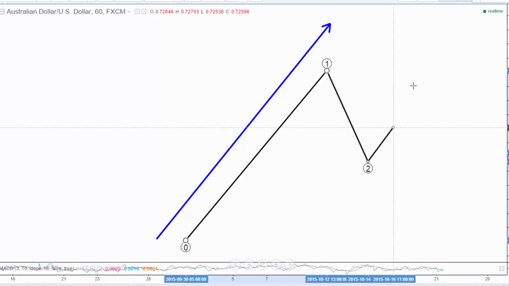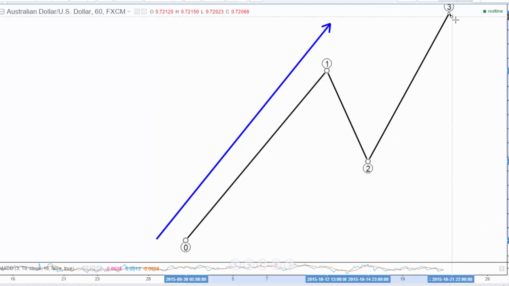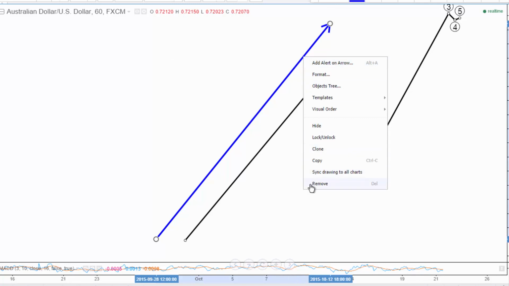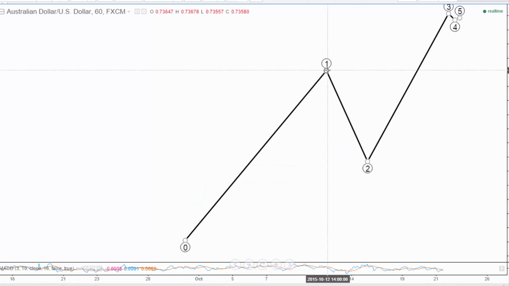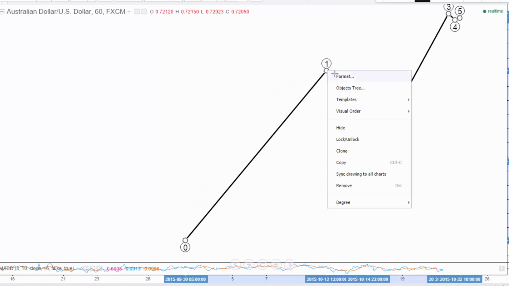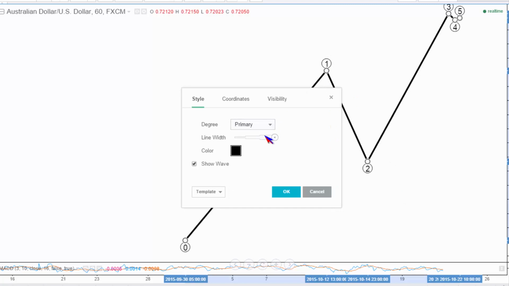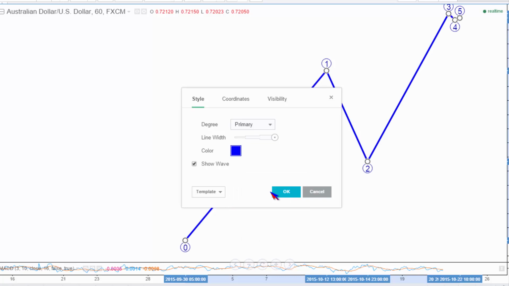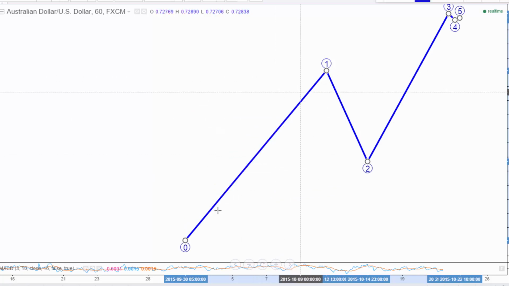Forget about all this other stuff there. I just want to focus on this. So we're looking at this as the primary trend. I'm going to make this bigger, thicker. We're going to call it blue. So this right here is the primary trend.